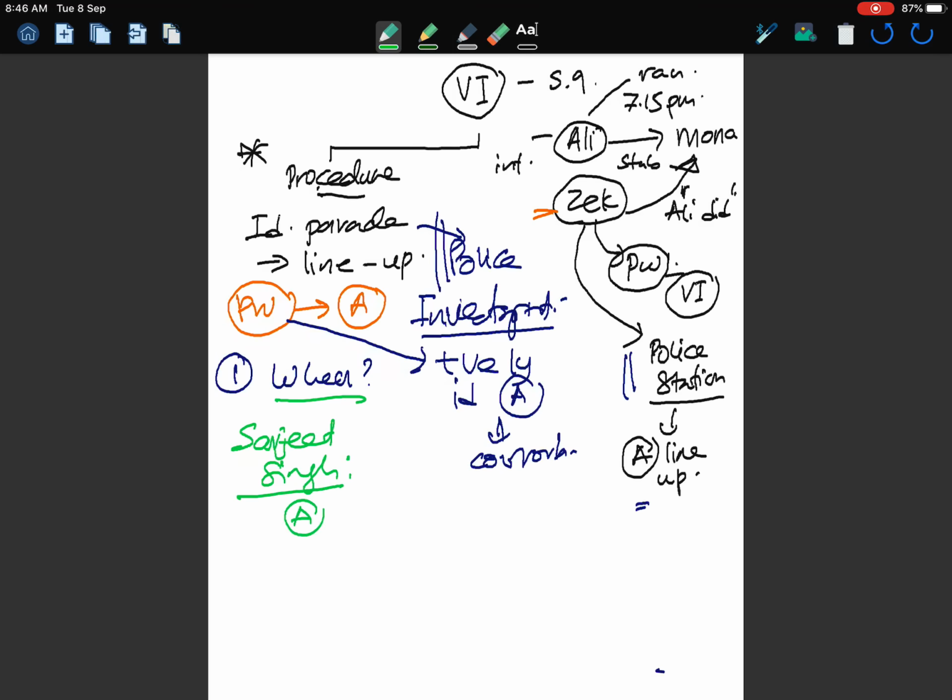So on this point, you got to look at the case of Sarjit Singh, whereby the court says that identification parade becomes necessary if the accused person is a stranger to the eyewitness. So you have an accused person here who is a stranger in the sense that the eyewitness either never saw the accused person or could have seen him somewhere but can't really recognize him. That is what's stated by Sarjit Singh.